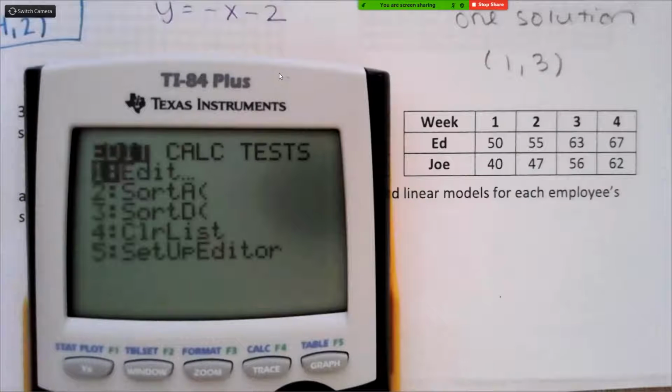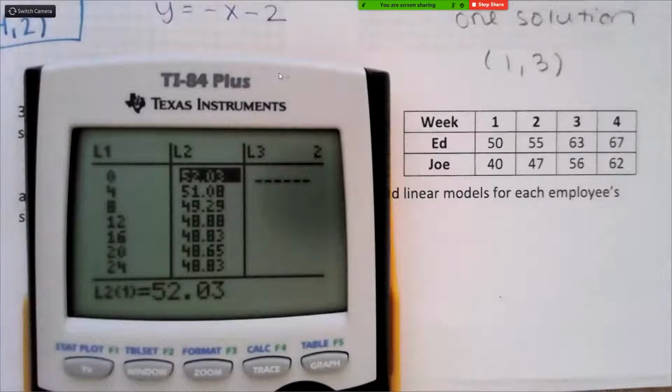You go to stat, and then we're going to go to option 1, which is edit. Now, there's going to be data in there, and that data is not going to match what we're looking at right now.